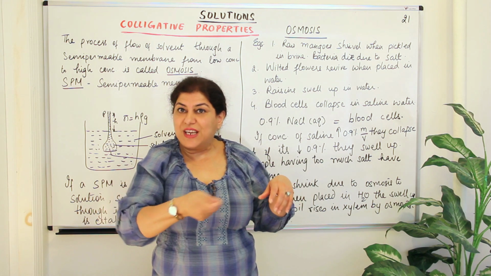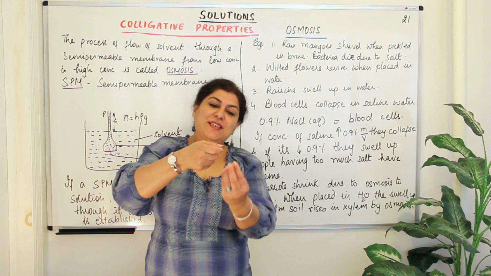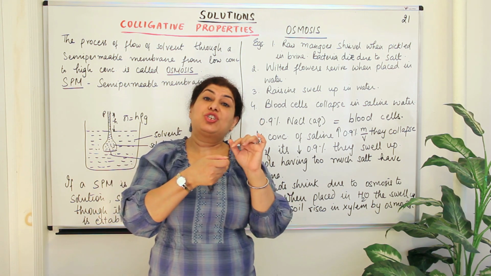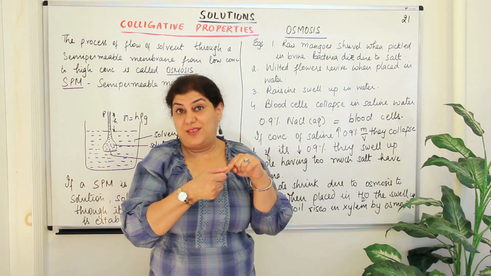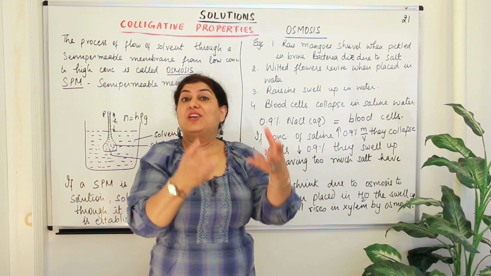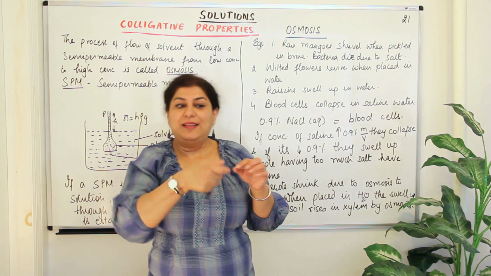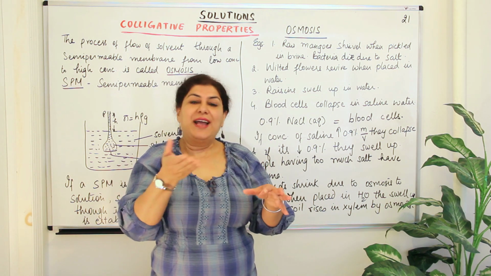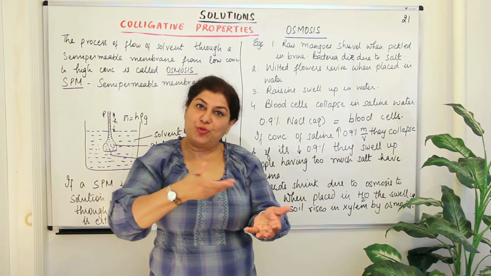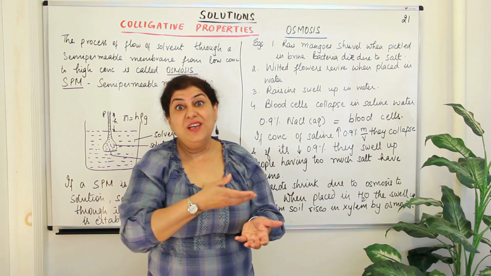And when you sift it, the small sand particles can pass through the sieve, the sand particles which are smaller than the size of the holes in the sieve. But the small pebbles, which are actually larger than the size of the holes, remain in the sieve and you cannot remove them. So you can just sift out the larger particles from the smaller particles through the sieve.